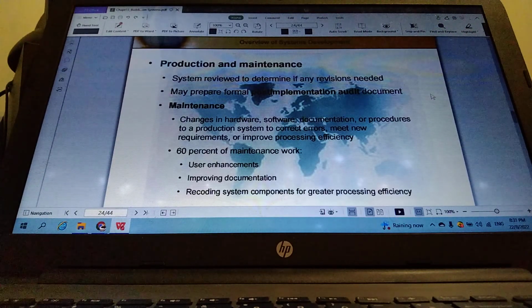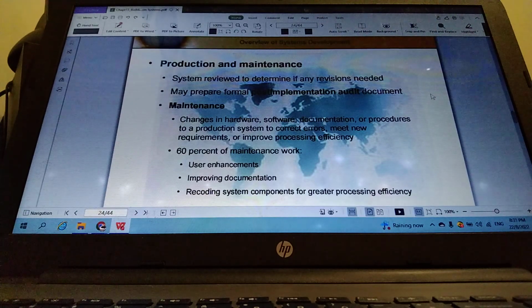So 60% of the maintenance work involves user enhancement, mainly, for example, report interfaces, formatting of some input, output, and so on, and also documentation improvement work.